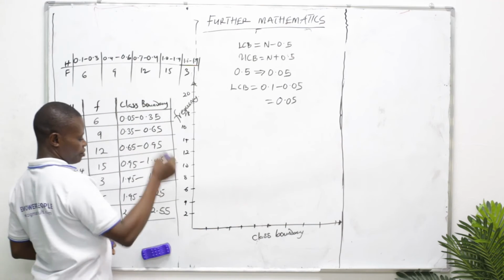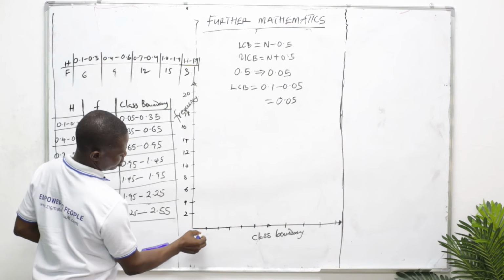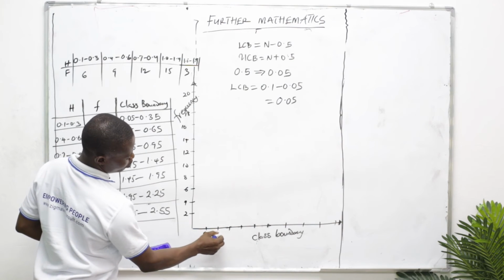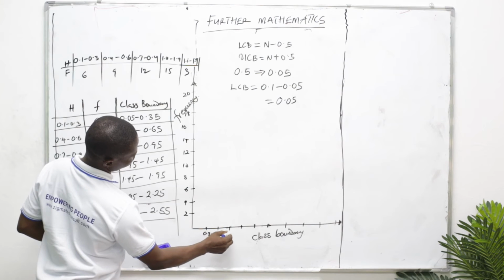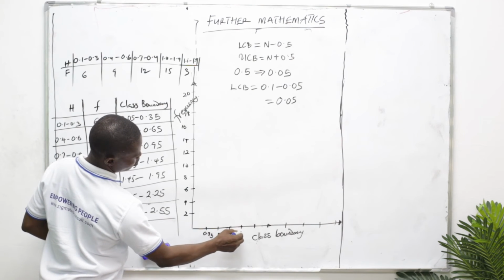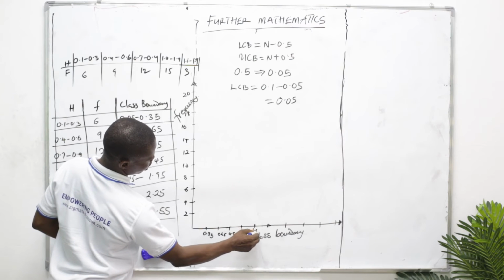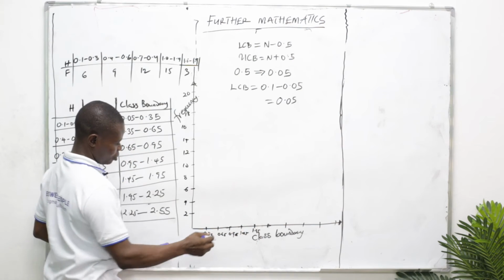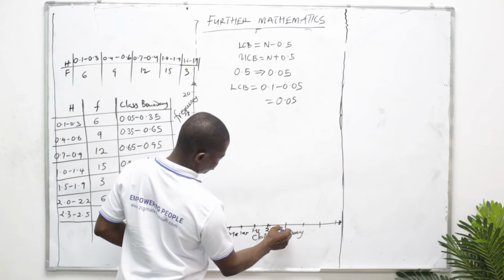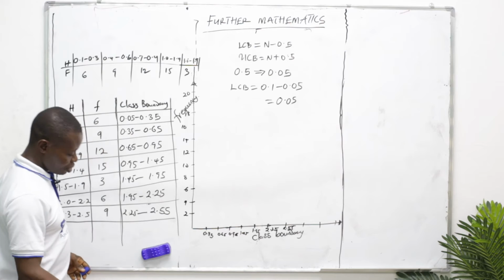Here is already given. From here to here is 0.35, 0.65, 0.95, 1.45, 1.95, 2.25, 2.55. So that is all you need.